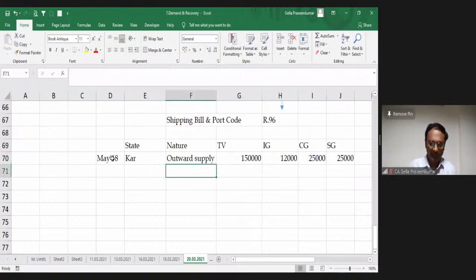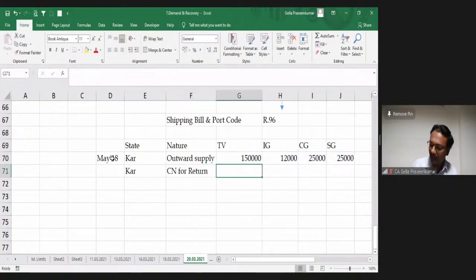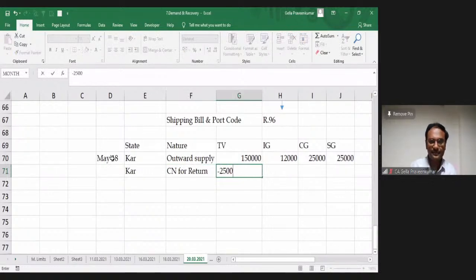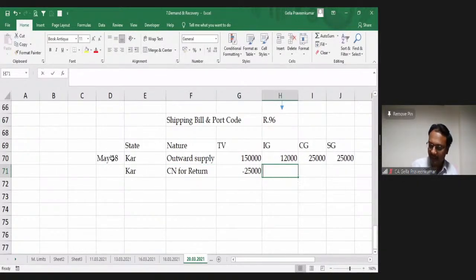Now, same month, Karnataka, my credit note for returns. My taxable value, say 25,000. My IGST is 0 and this is say 2,800.